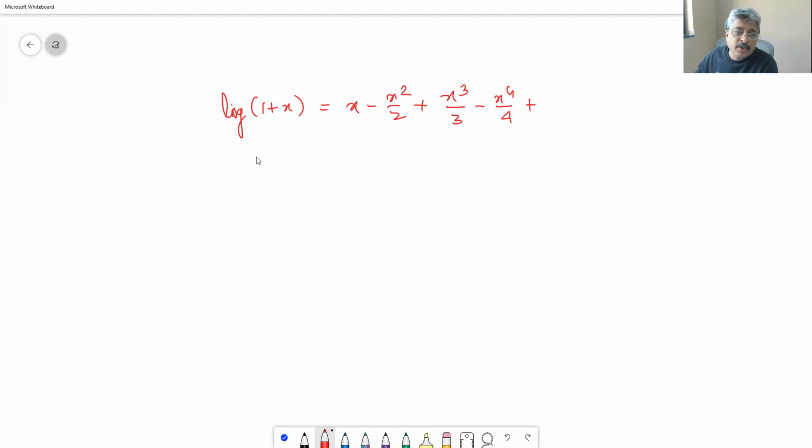If we put x is equal to 1, log 2 to the base e is equal to 1 minus 1 half plus 1 third minus 1 fourth plus 1 fifth. So it is an alternating reciprocal sequence. Alternating reciprocal sequence converges to log 2.